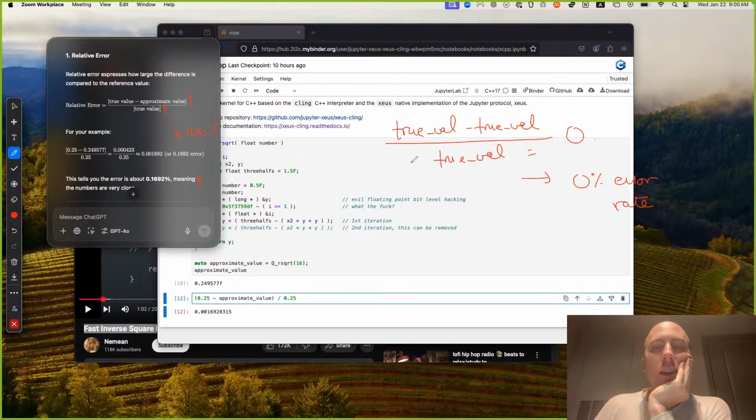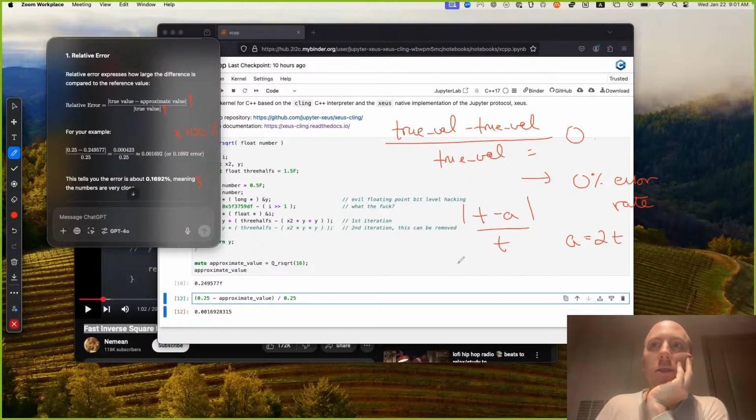And what if the approximate value was double the true value? Let's just do true minus approximate over true. So what if A is equal to 2 times the true value?